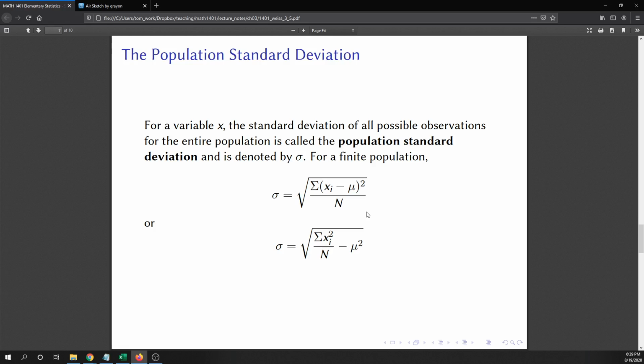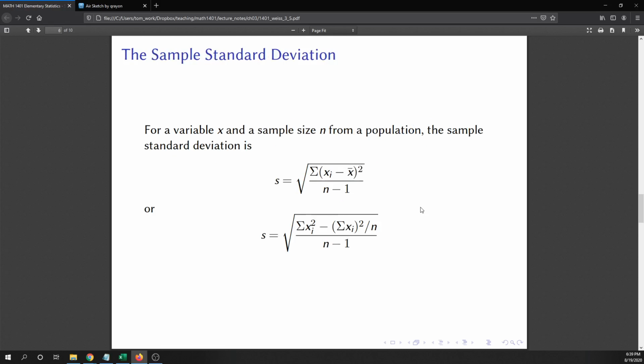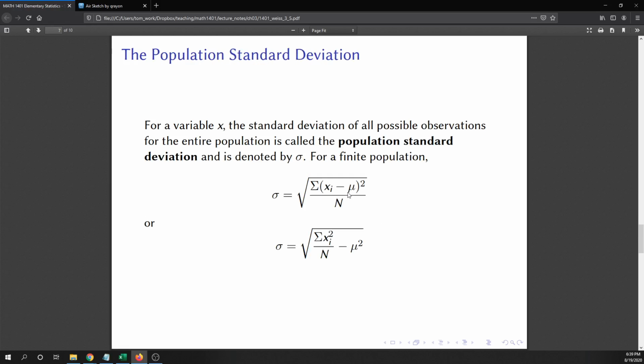And just like before, there are two formulas, okay? And those two formulas look an awful lot like the formulas for the sample standard deviation, but you'll notice that they are not exactly the same, okay? Over here, in the first formula, it's the sample size minus 1, whereas in the population standard deviation, it is capital N, which is the size of the population.